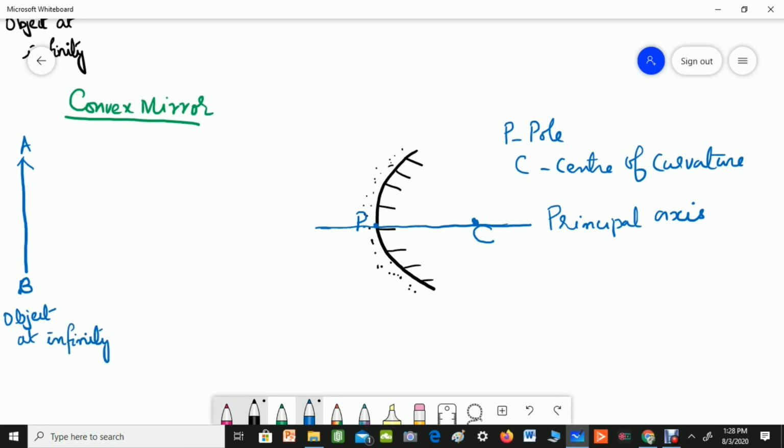Now as usual, we are going to draw 2-3 rays coming from the object. This is the first ray I am drawing, which is falling on the surface of the mirror. One more ray I am drawing over here. Another ray of light is incident on the surface of the mirror, and after falling on the surface of the mirror, it reflects back.